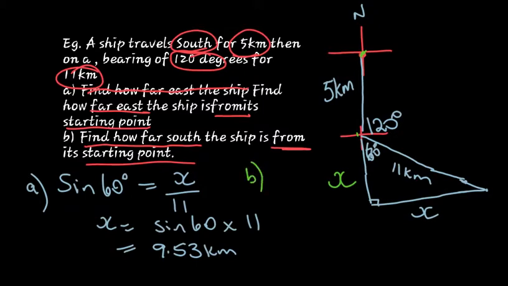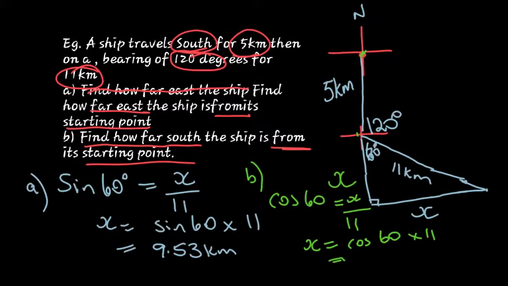So we're now looking at cos. So cos of 60 is equal to adjacent over hypotenuse. So x is going to be equal to cos 60 times 11. And cos 60 times 11 is 5.5 kilometres.